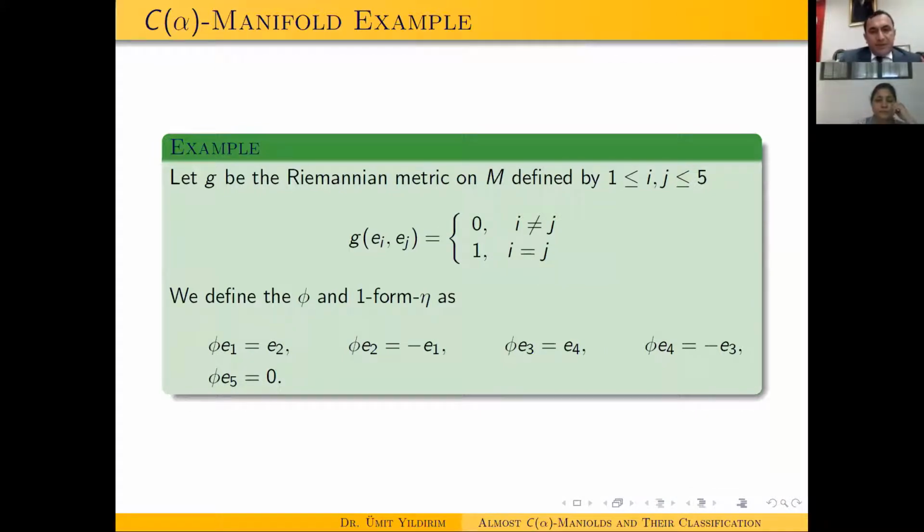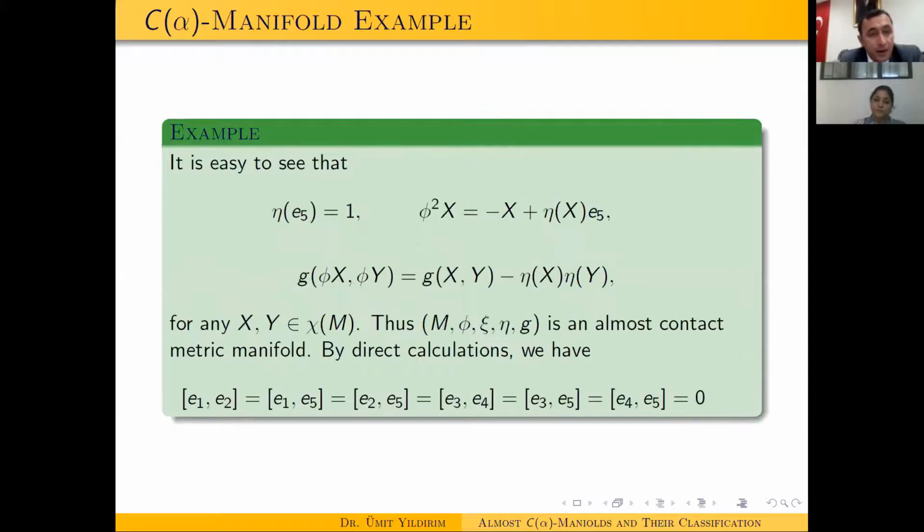Let g be the Riemannian metric on M defined by g(ei, ej) equal 0 for i not equal j and g(ei, ei) equal 1. We define phi and the one-form eta as phi e1 equal e2, and similarly for the other tensors. It is easy to see that eta(xi), in other words eta(e5), equals 1.